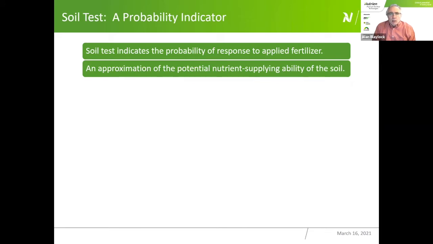Now, we're not measuring in most cases the exact nutrients that the plant takes up, but we're measuring some amount that relates to what the plant takes up. So it's an indicator, and we're using that soil test as an indicator of whether or not we should apply more fertilizer and how much.